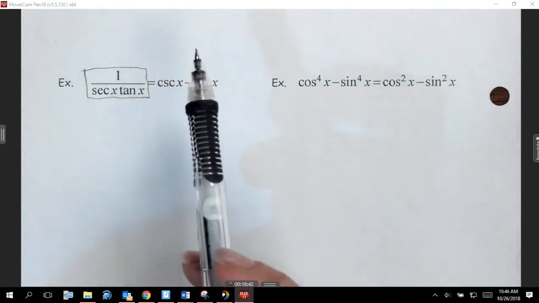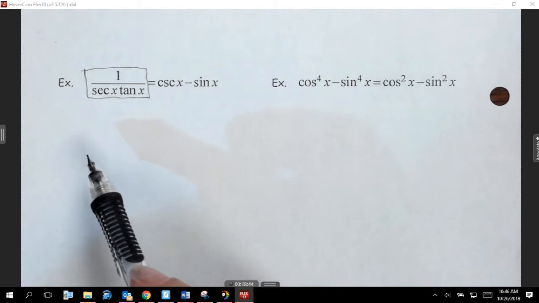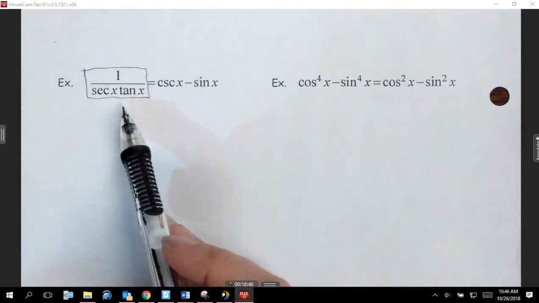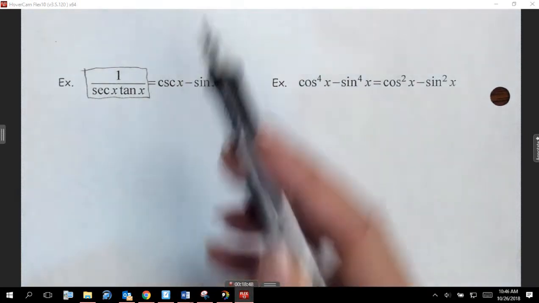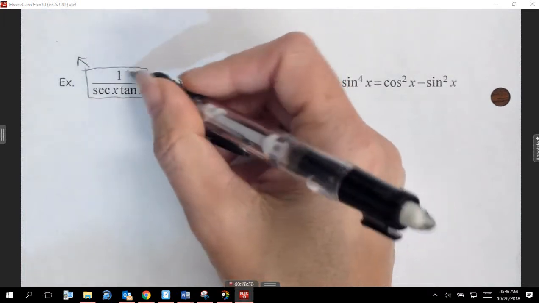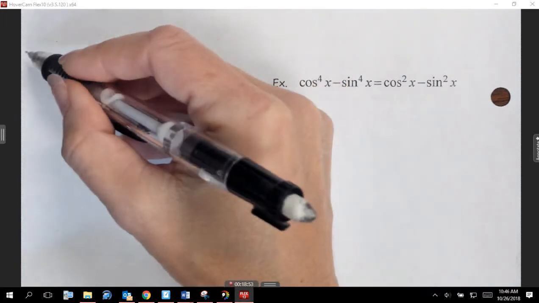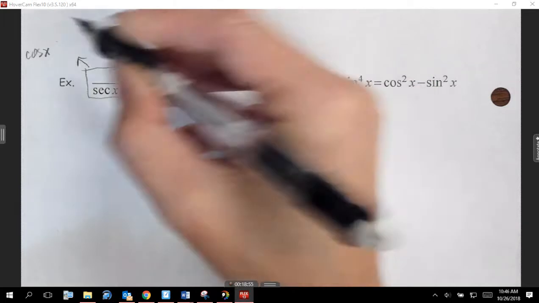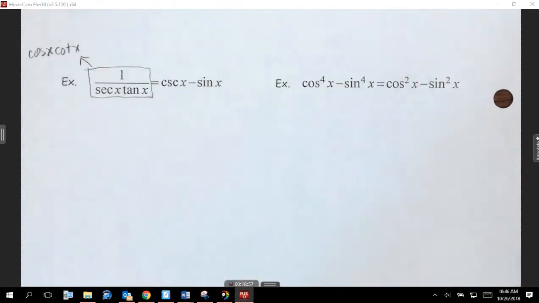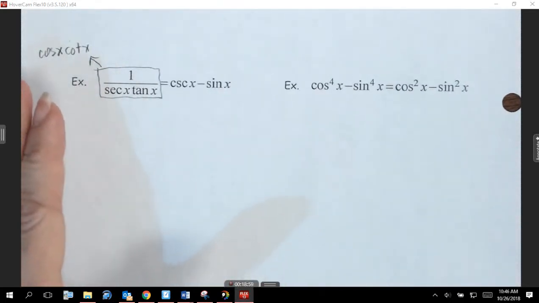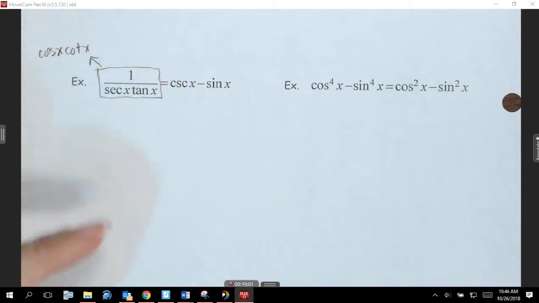That does not mean you couldn't box in the other side, but that's the side I'm going to work with right now. I'm also going to think to myself that 1 over secant x tangent x is the same thing as cosine x cotangent x. I'm not changing the left side, but that might help me go in the correct direction.